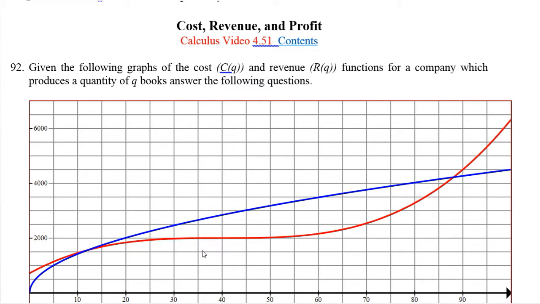So here we have something like this, and this might be a typical realistic kind of situation. It might be that the revenue increases, but it's concave down, because as you sell more and more of them, fewer and fewer people want them.